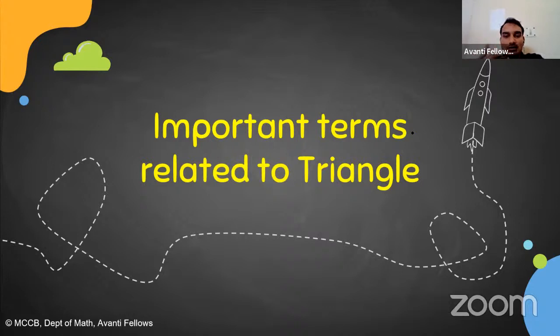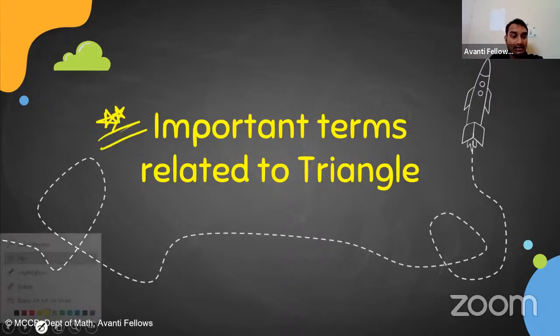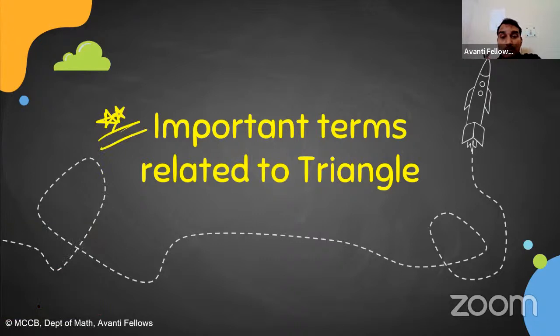These terms, like centroid, median, altitude, will come to us from time to time in questions. So in today's class we will clear each and every definition, so that in the rest of coordinate geometry we don't have any doubt regarding these terms. Clear? These are very, very important. I can't stress enough how important this is.